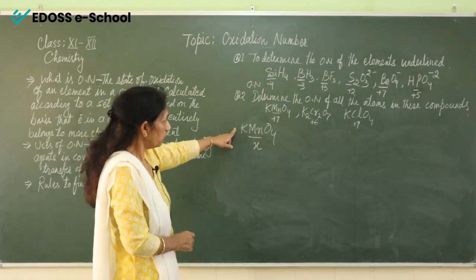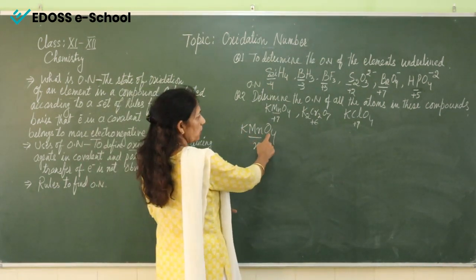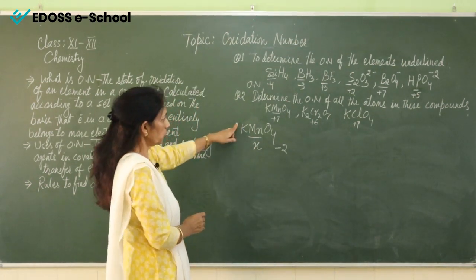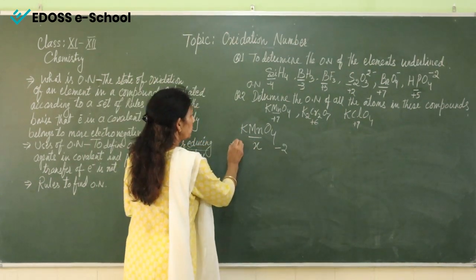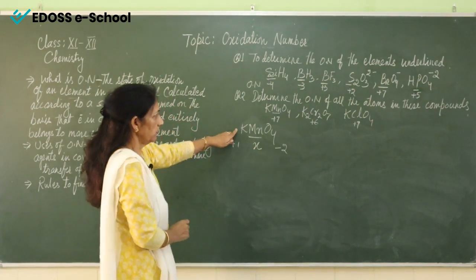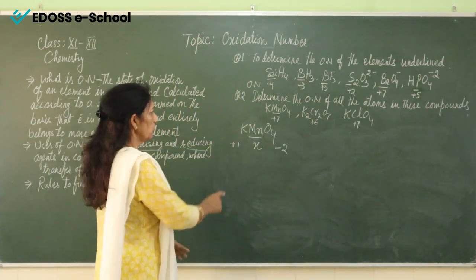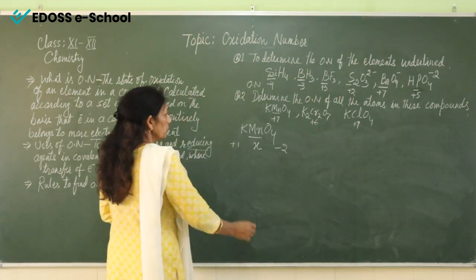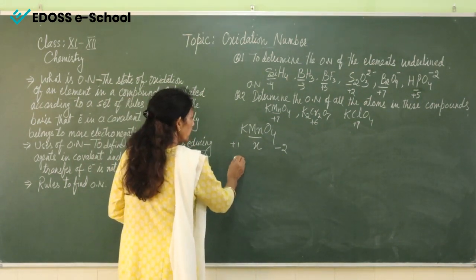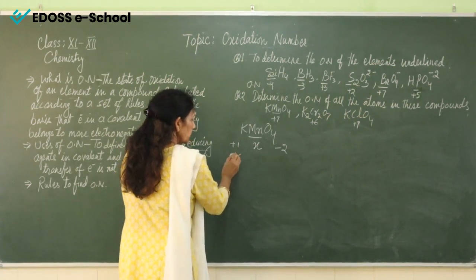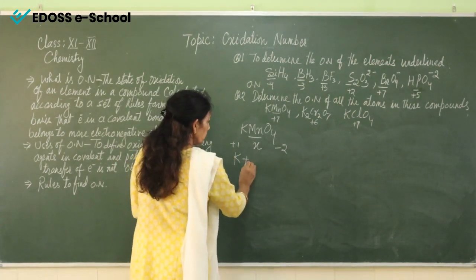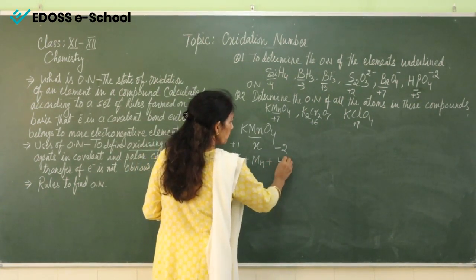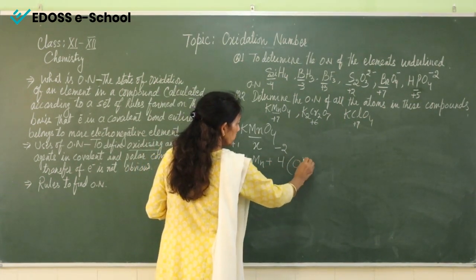and in the same way oxygen we will take as -2, and potassium we will take as +1. So how will we write it? This is the procedure. If you want to write it in a proper way, we will write the oxidation number of potassium plus the oxidation number of Mn plus the oxidation number of 4 atoms of oxygen.